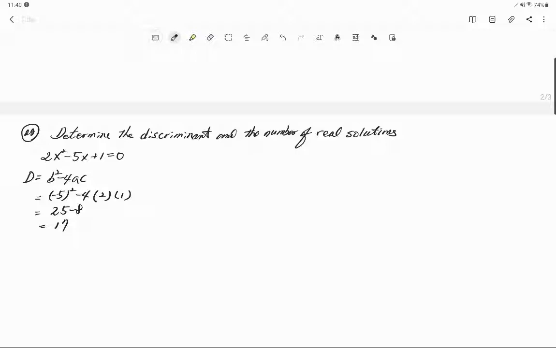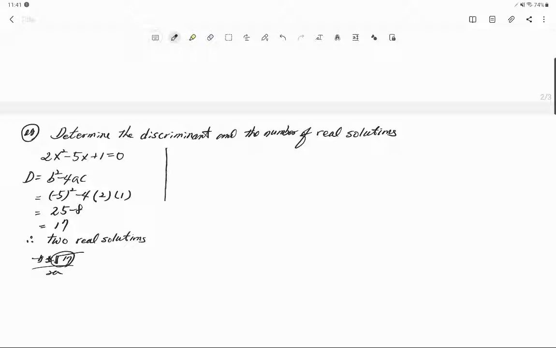So 17 is a positive number, so there are two real solutions. Because look at this, negative b plus or minus square root of 17 over 2a. So we have plus or minus square root of 17. These are real numbers. So there are two real solutions.